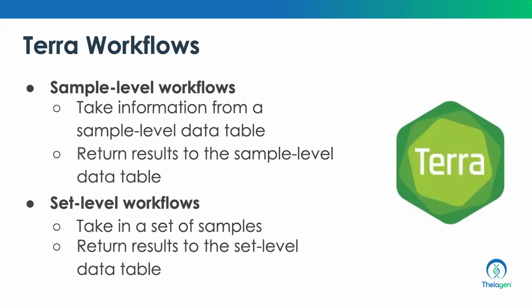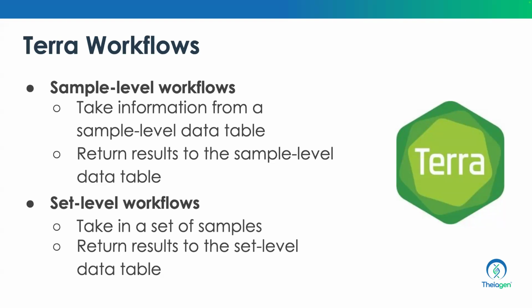Okay, so to summarize this, sample level workflows take information from sample level data tables. So Theiagen, for example, is a sample level workflow. It takes data from each sample and processes it independently. And then the results are populated at the sample level within that table.